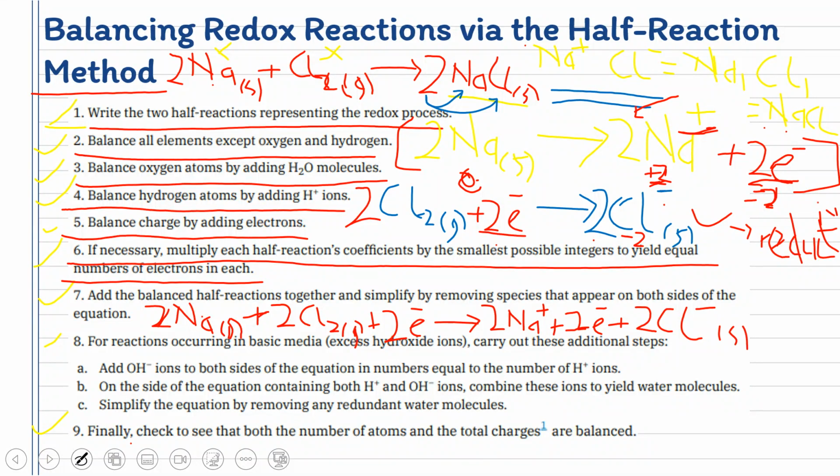All I did was just write the two of them together, like write everything together so that they are one unit. That was step 7.